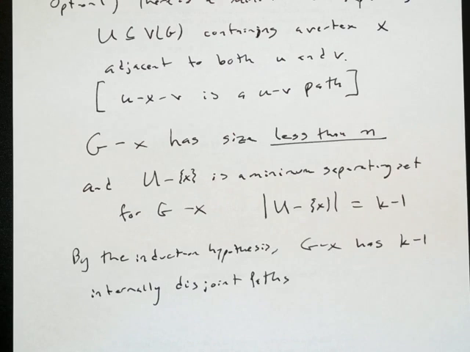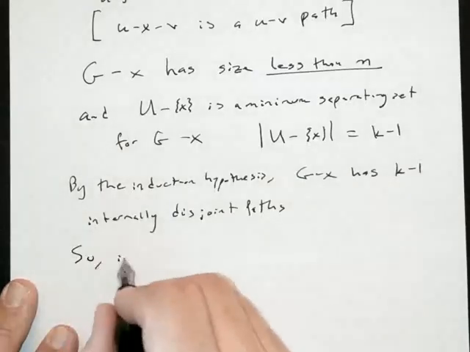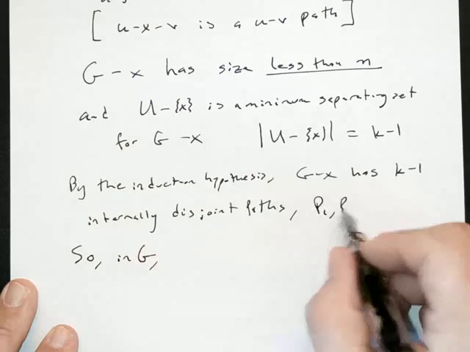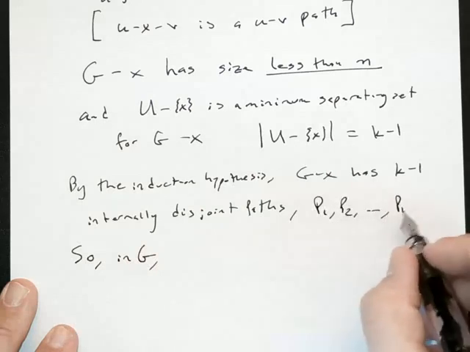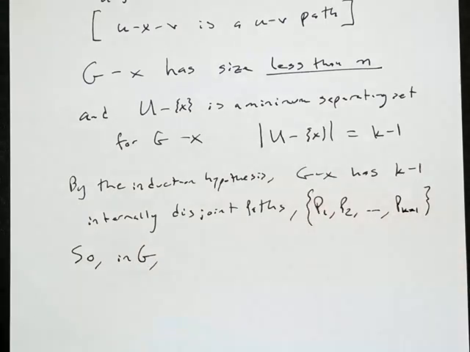What does that tell me about G? There are my internally disjoint paths, P1 to PK minus 1. It's a really bad looking minus sign, I apologize.